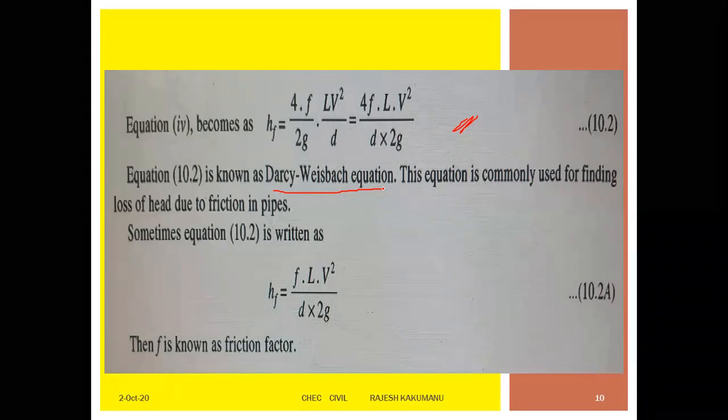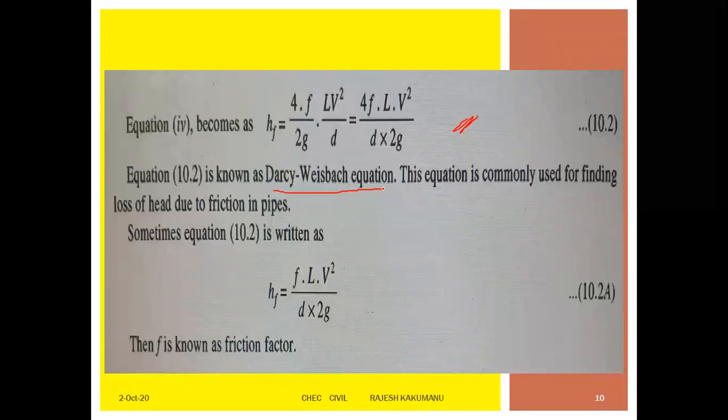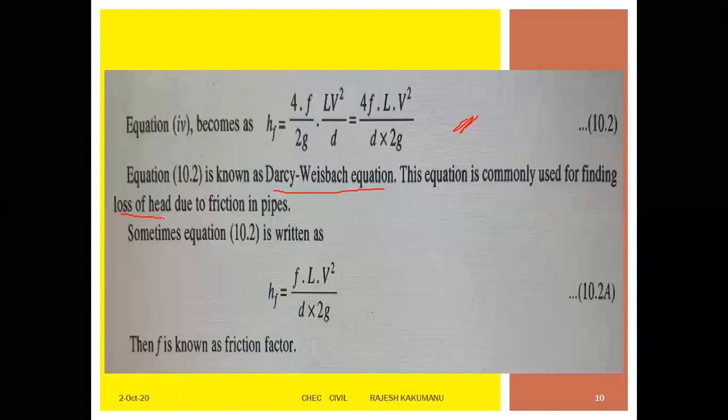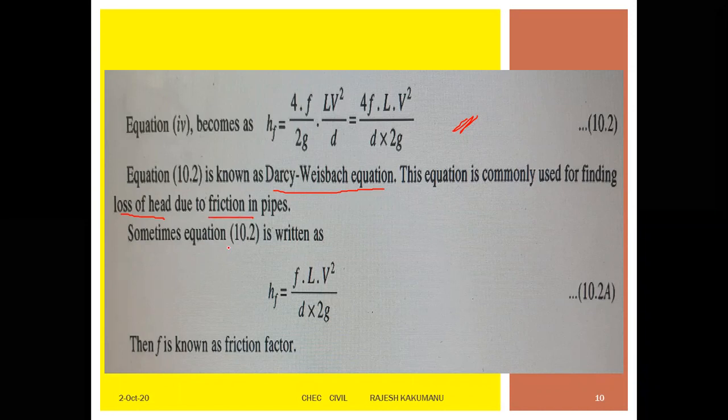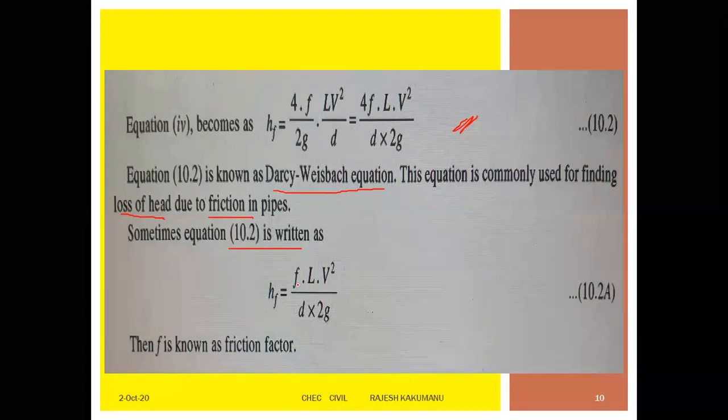Keep in mind that the Darcy-Weisbach equation is used to find the loss of head due to friction in the pipes. Sometimes this equation can be simplified and written as hf is equal to f l v square divided by 2 d g.